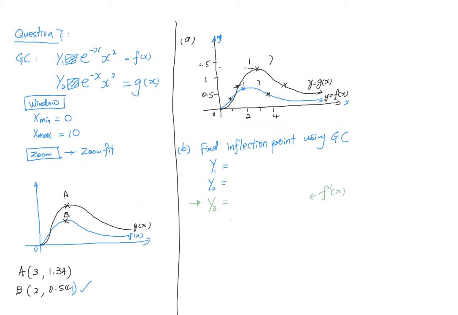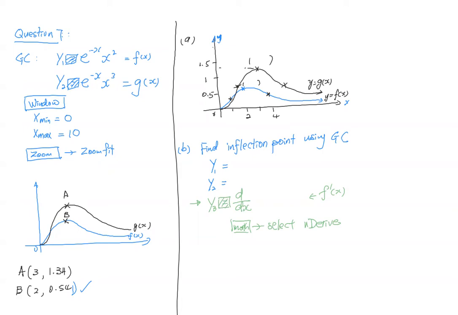You go to the math button, you select derive. Okay, so your calculator will come out like that over here. So now this is highlighted. You got it?